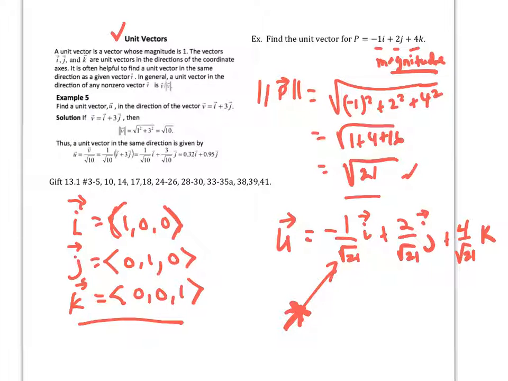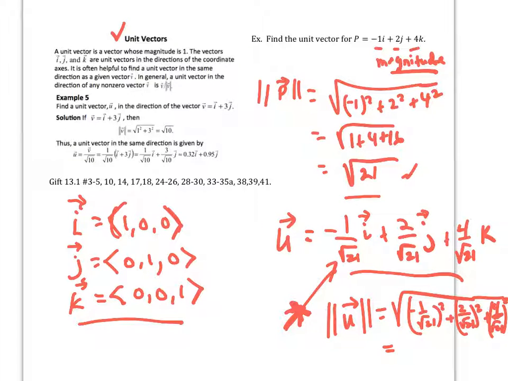Now, do you trust now that this gives me a vector of unit 1? Well, let's find the magnitude. The magnitude of U, well, you can do it. Try it. Hopefully you pause and try this. But if you notice, the numerators are exactly the same as what we just did. So this is just 1 plus 4 plus 16, which gives me the square root of 21.